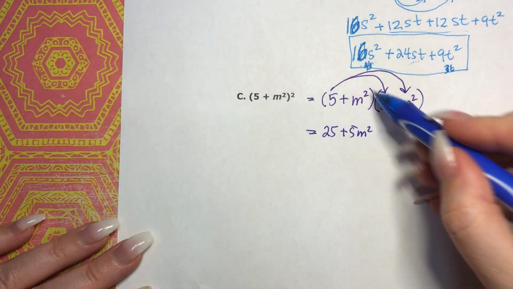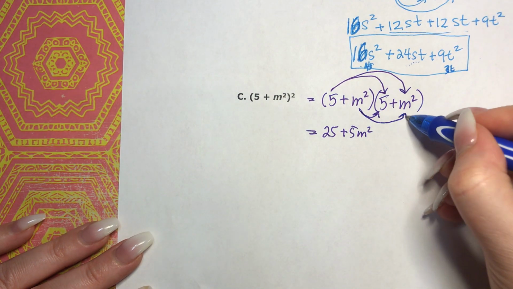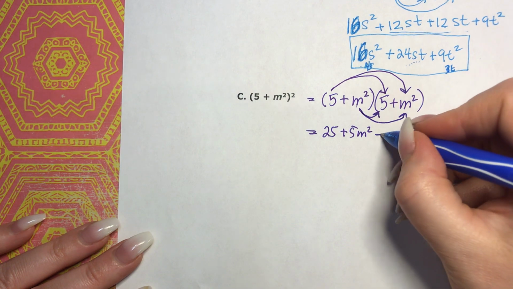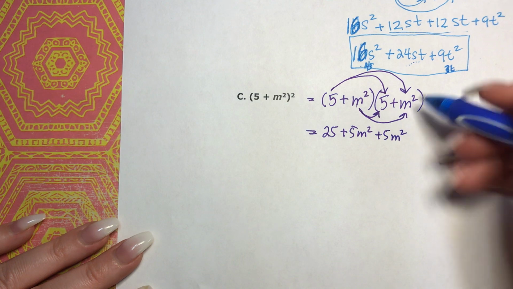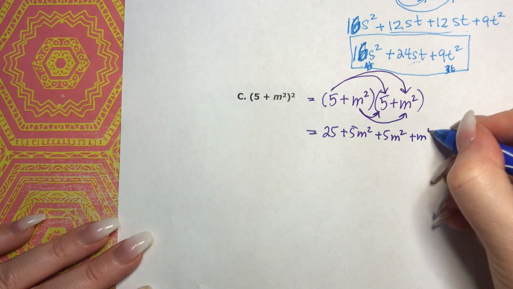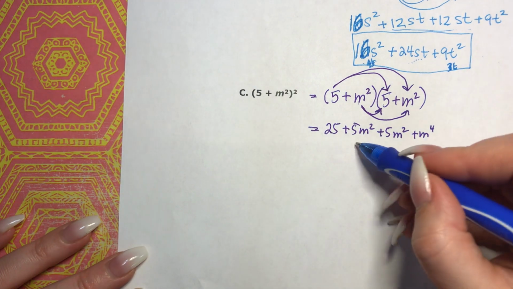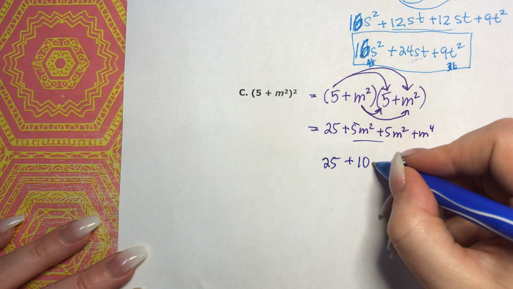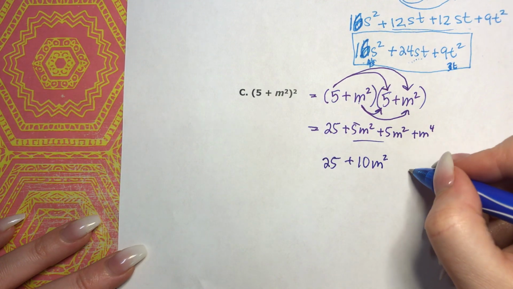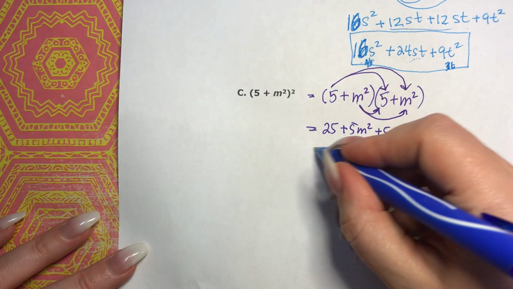And then we distributed that twice, so now we distribute the m squared twice. M squared times 5 is 5m squared, and m squared times m squared would be m to the 4th. Okay, so then we just combine like terms. So we have 25 plus 10m squared plus m to the 4th, okay, which is our answer.